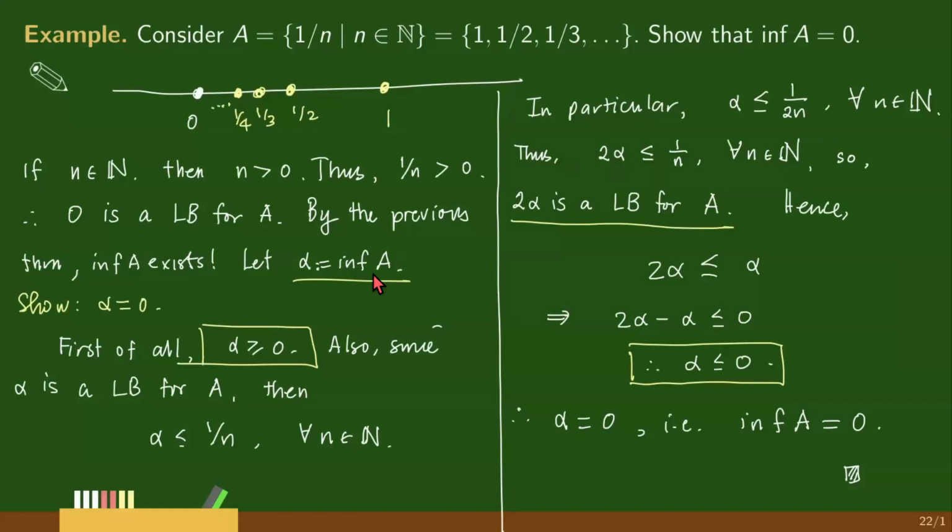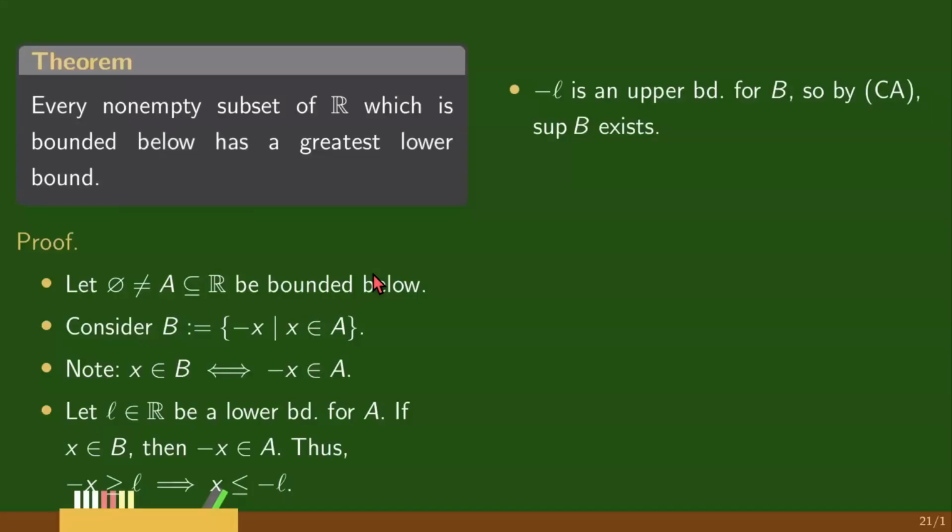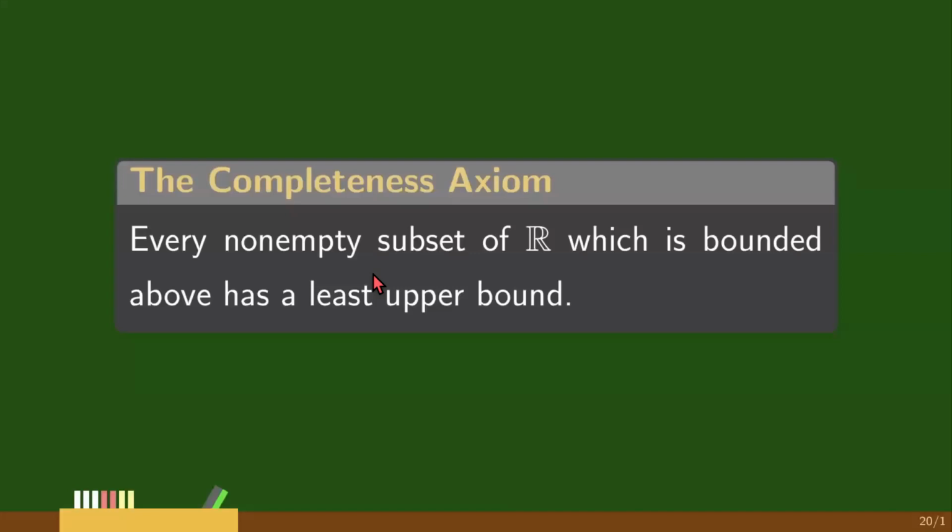Pero tatandaan niyo, hindi naman magagawa itong 1 over n property na to nang wala yung theorem na ito. And syempre, yung theorem na ito is not made possible without the completeness axiom. Kaya kung itatrace back nyo talaga, lahat ng galing dito sa completeness axiom.